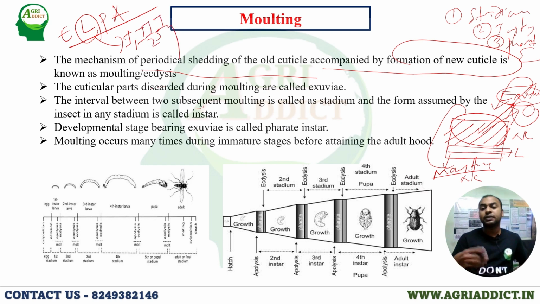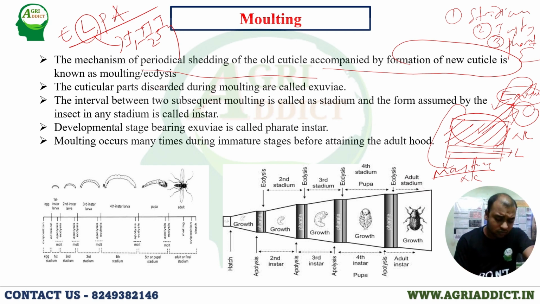The number of instars depends on what type of larva it is, whether a holometabolous larva, a campaniform larva, or another type. I will discuss the types of larva in the next classes.